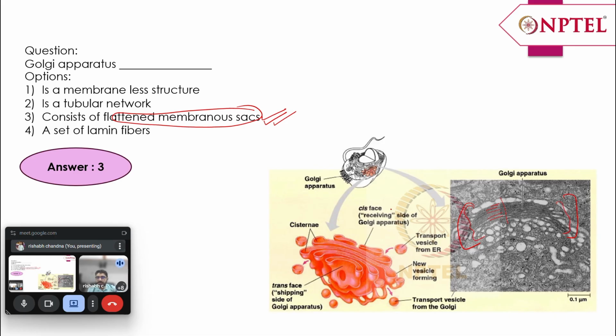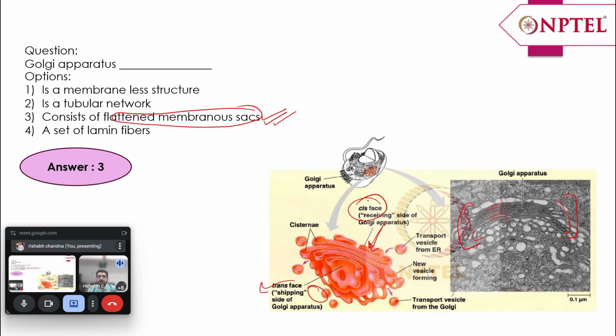And it has two sides. First is the cis face and the trans face. The cis face actually receives the molecules from the ER in the form of vesicles, and the trans face ships them to the outside or to the next particular organelle.